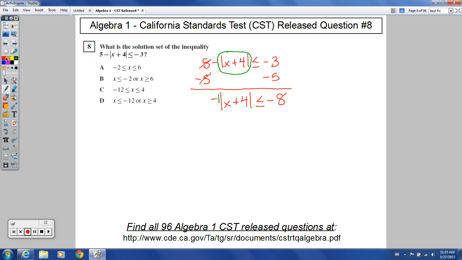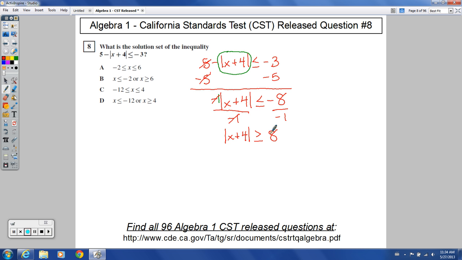If I divide both sides by negative 1, that's going to get rid of my negative sign. But remember, when you multiply or divide by a negative with inequalities, you have to flip the sign around, so we change the direction that the sign is facing. And now this would be 8.